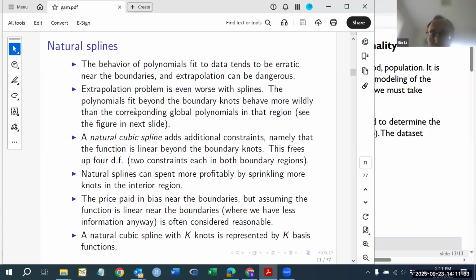So what is extrapolation? Suppose in our data set, we have training data. In the training data, we observed x from 0 to 100, and we can fit a model. Let's say the model is linear. Now, when we do the prediction, we have some new x which is outside the range of 0 to 100.